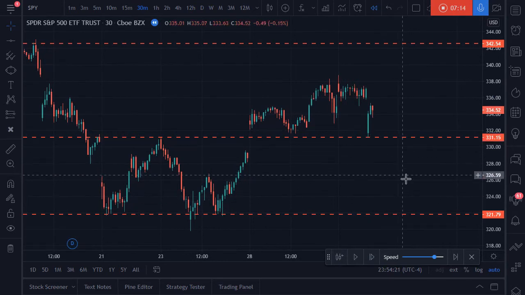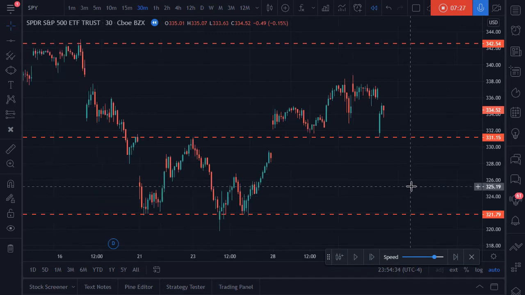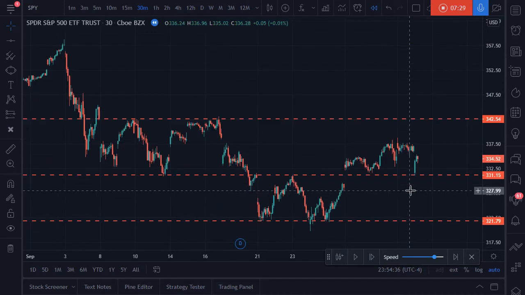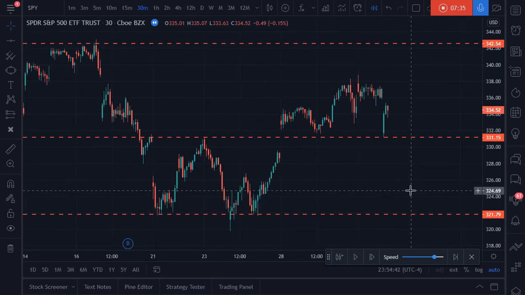Nice little touch of our level right there, that same line that we had on there. Another possible trading opportunity. Right now, we can also say that we are trading within a range. If we are analyzing this instrument, in the case of SPY, and we want to know, are we bullish or bearish for, let's say, the longer term? Well, we've established where price needs to go before it is bullish or bearish.